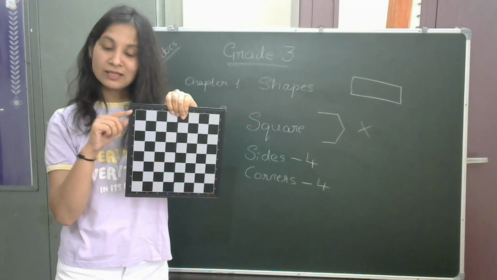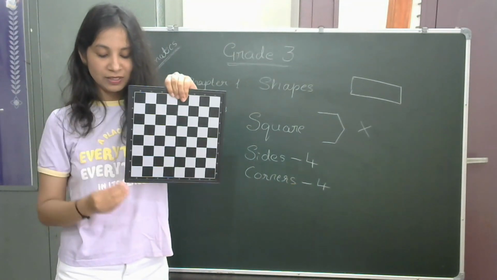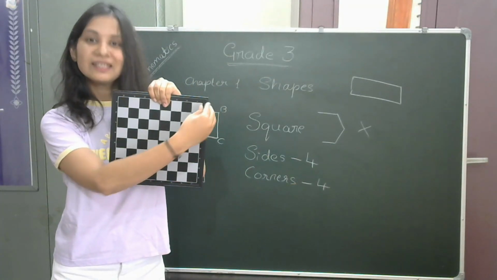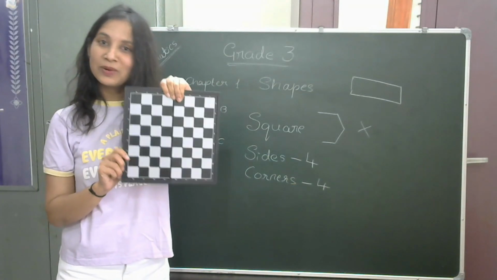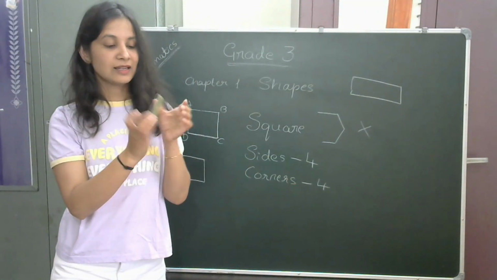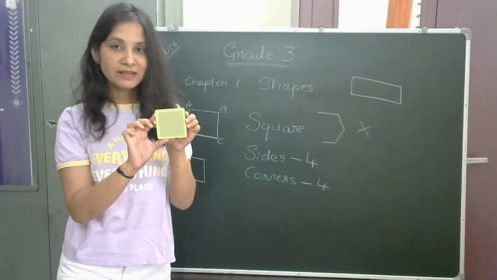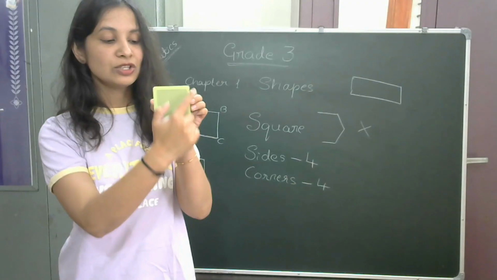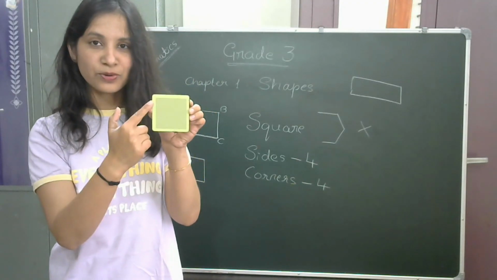How many corners? 1, 2, 3 and 4. Yes, this is in square shape. And this magnetic board is in square shape. Can you see? Yes, 1, 2, 3 and 4.